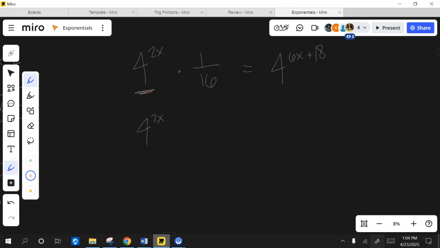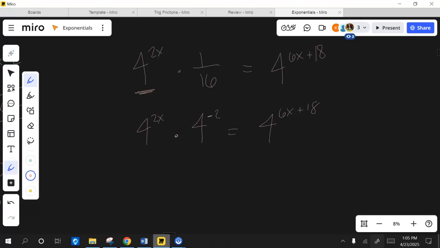How can I write 1 over 16 as a base of 4? 4 to the negative 2 would give me 1 over 16. The negative flips it, and 4 to the second is 16. This one's already a base of 4. Am I ready to drop the bases yet?